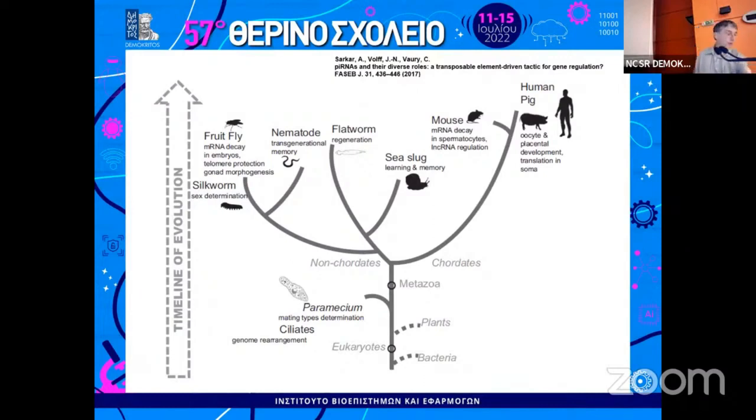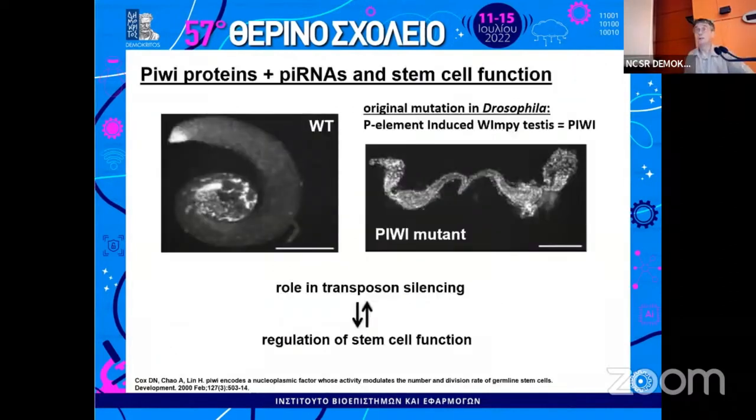But in the last few minutes, I want to focus on the role that the PIWI proteins and the piRNAs can have on stem cell functions. And indeed, the first mutant of PIWI was actually a disruption of stem cell function.